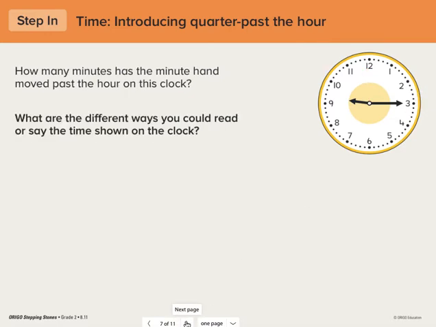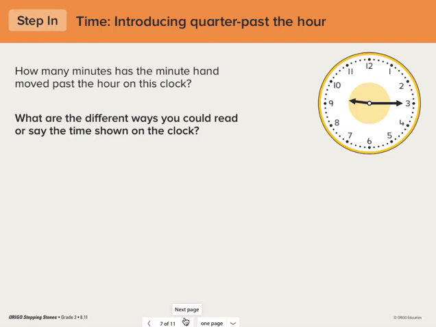What are some different ways we could say the time shown on the clock? We could say it like we would a digital clock and say 9:15, right? What's another way we could say it? We could say 15 minutes past 9. The minute hand has traveled 15 minutes past 9.